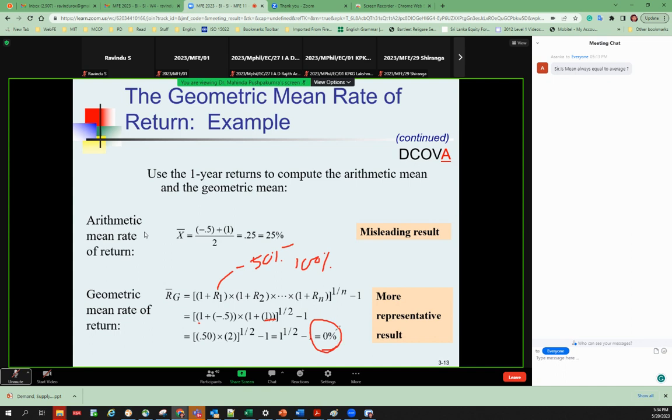That means the geometric rate of return is 0. It is a more representative result, or the result shows the real situation.